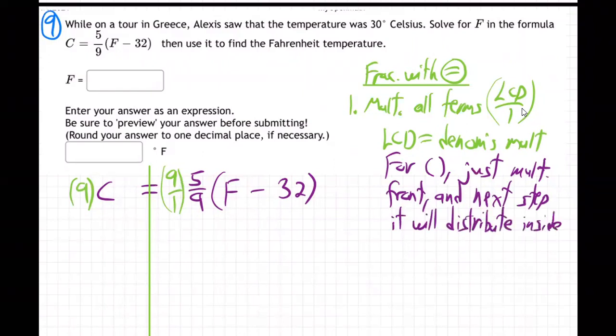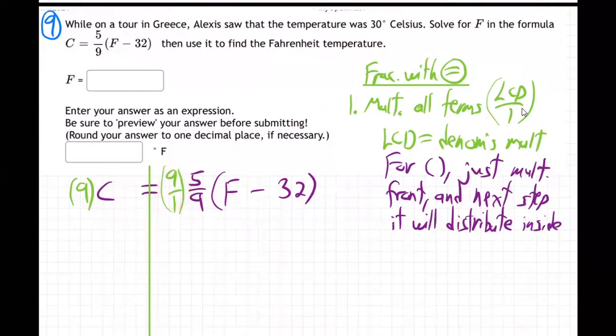Whatever we do to the front of a parenthesis, on the next step it's going to go in. So we really have done the inside by doing the front. Whenever you have parentheses and you're multiplying, you just need to multiply the front. Whatever you've done, the effect of it will eventually distribute in.